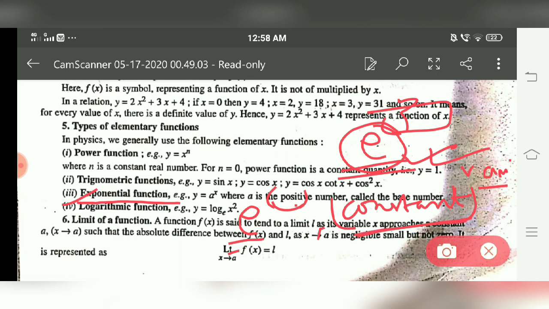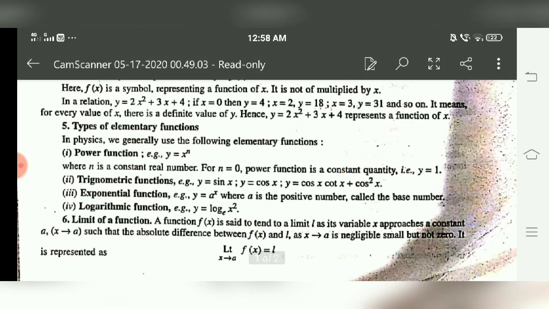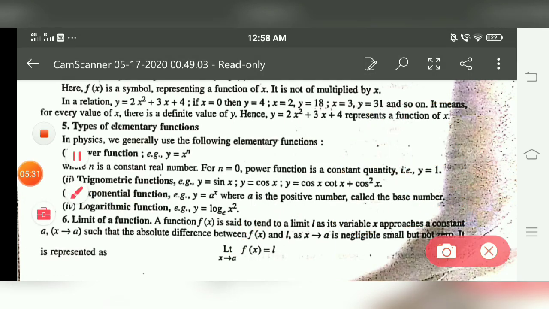If we have some constant raised to power variable, that's also an exponential function. Next is logarithmic function. As we learned about log table and what is log, logarithmic function is if y is a function of log.